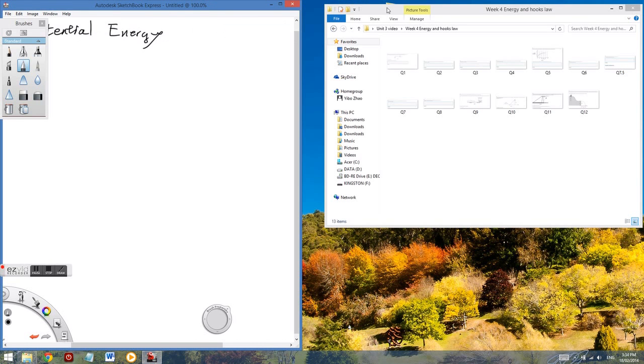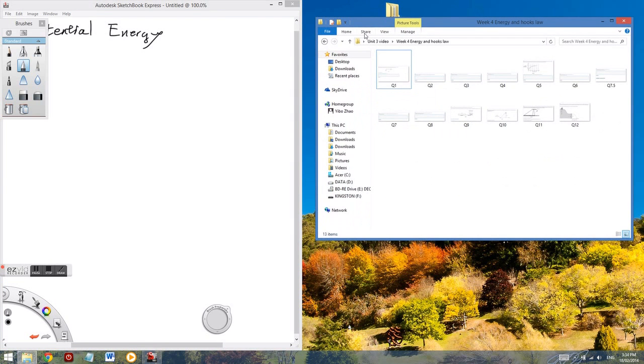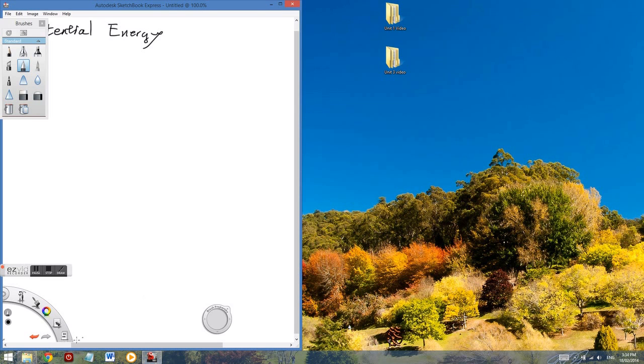It's the energy we use to overcome the effect of gravity. I'll show you an example here.